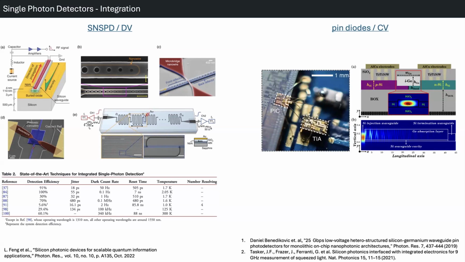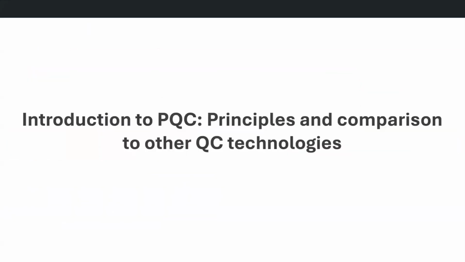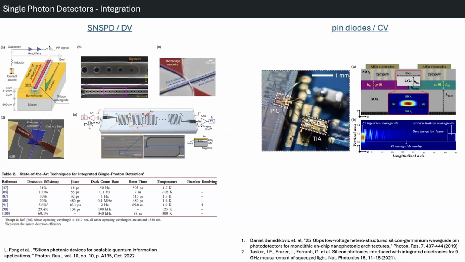And they are already easily implantable with a CMOS process into your silicon photonic circuit. And this is it for me today. If you have any questions, from tomorrow or today.